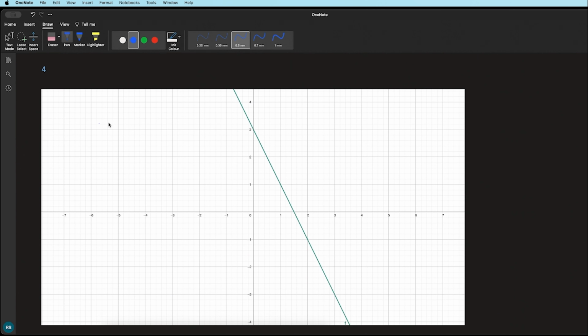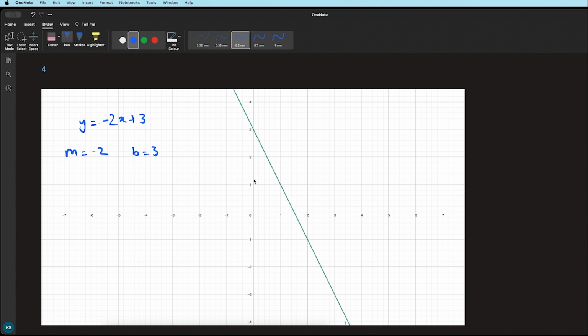So let's explore another line. The equation of this line is represented by y equal to minus 2x plus 3. So this is quite interesting, because there is a negative value of the slope. Okay, so m equal to minus 2 and b equal to 3.